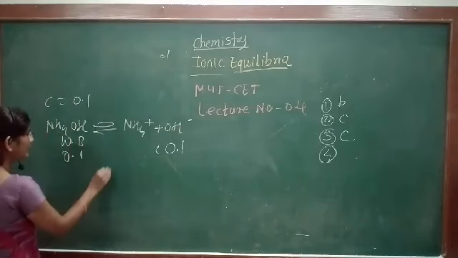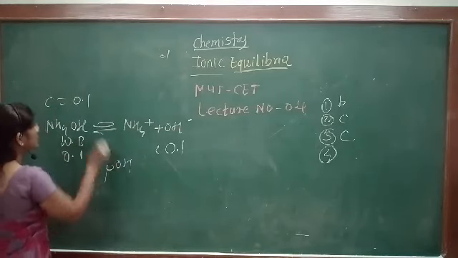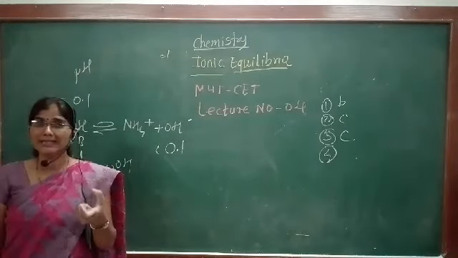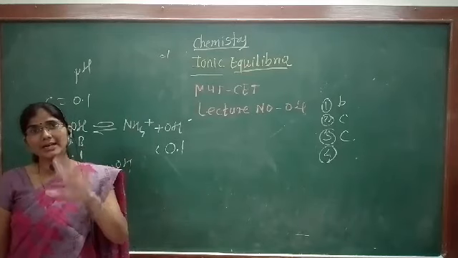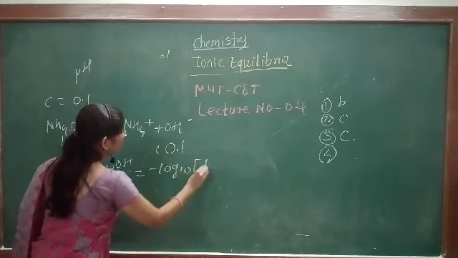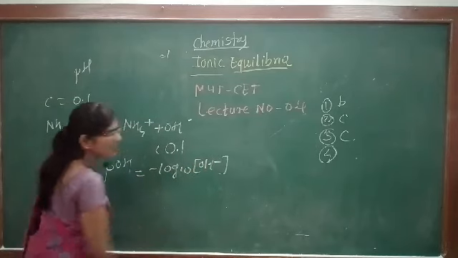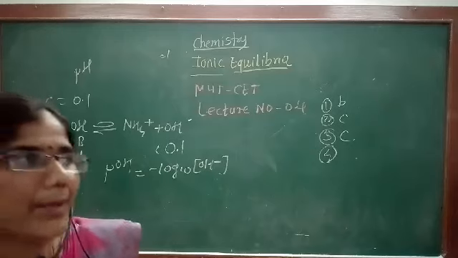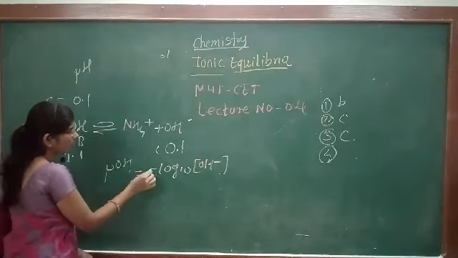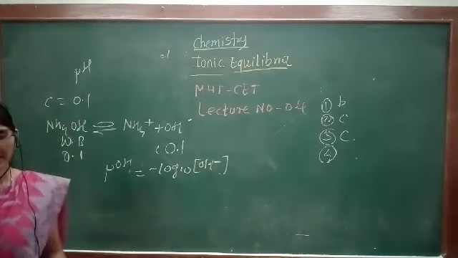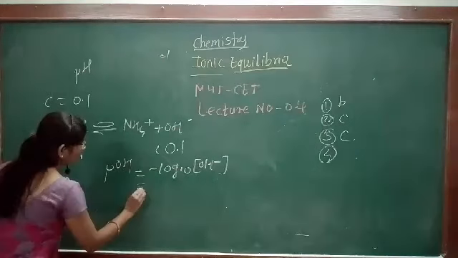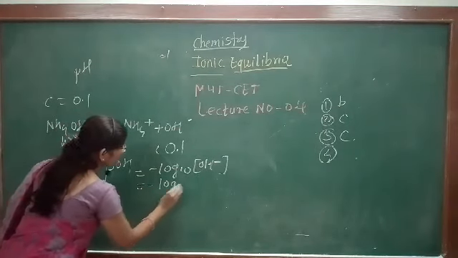But we have been asked the pH, and ammonium hydroxide is a base. So what do we have to do now? First, what do we calculate for a base? The pOH, by using this formula: pH plus pOH, and pOH is equal to negative log to the base 10 of the OH minus ion concentration. So what is the OH minus ion concentration?